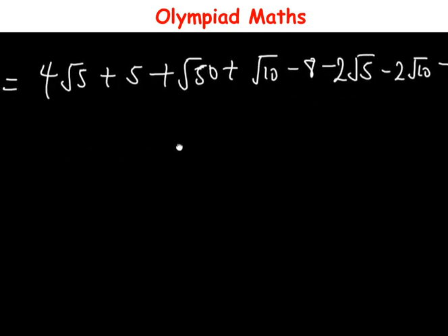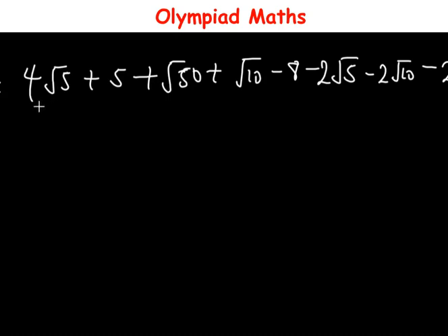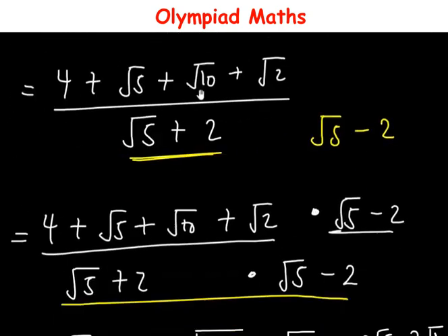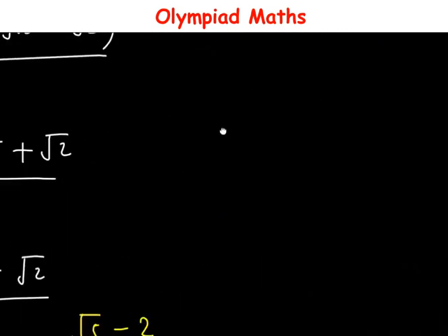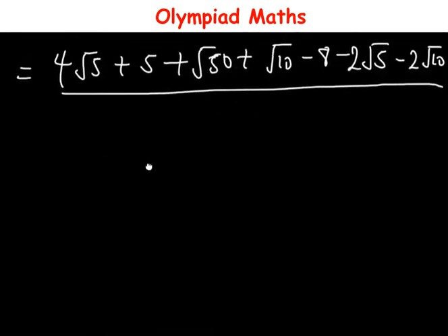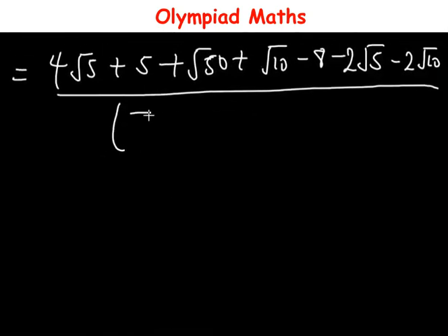All of this is being divided by the denominator, which has a value of root 5 all squared minus 2 squared. Let us then simplify this.